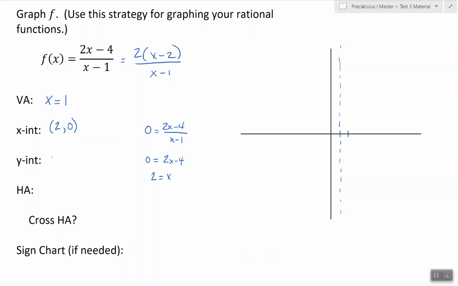Now on finding the y-intercept, remember that you find y-intercepts by making the x's 0. So up here, if this x is 0, this whole term goes away. If this x is 0, that whole term goes away. So we're left with negative 4 divided by negative 1, which is 4. So we write 0, 4.